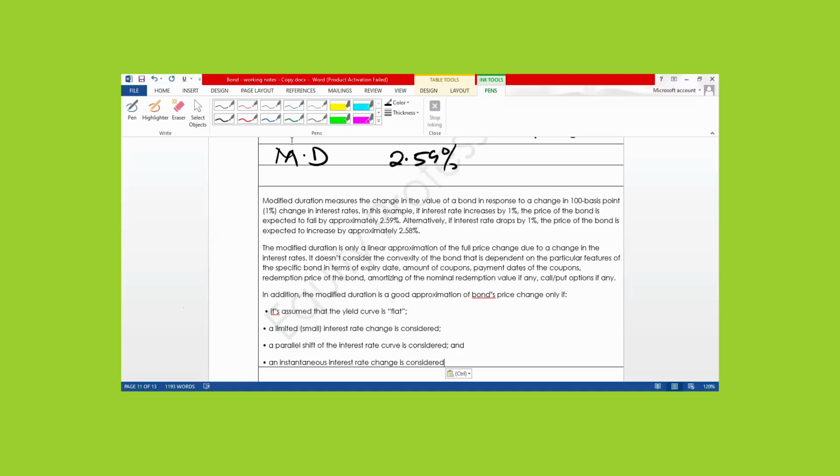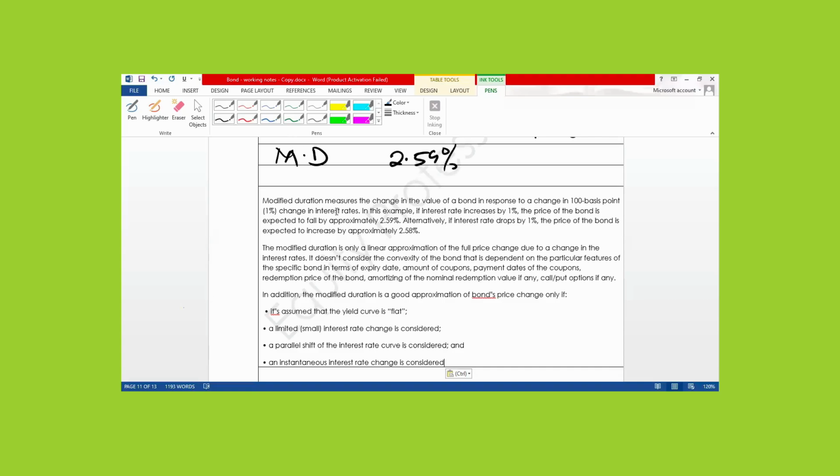Look at it here, please. Modified duration measures the change in value of a bond in response to a change of 1% in interest rates.